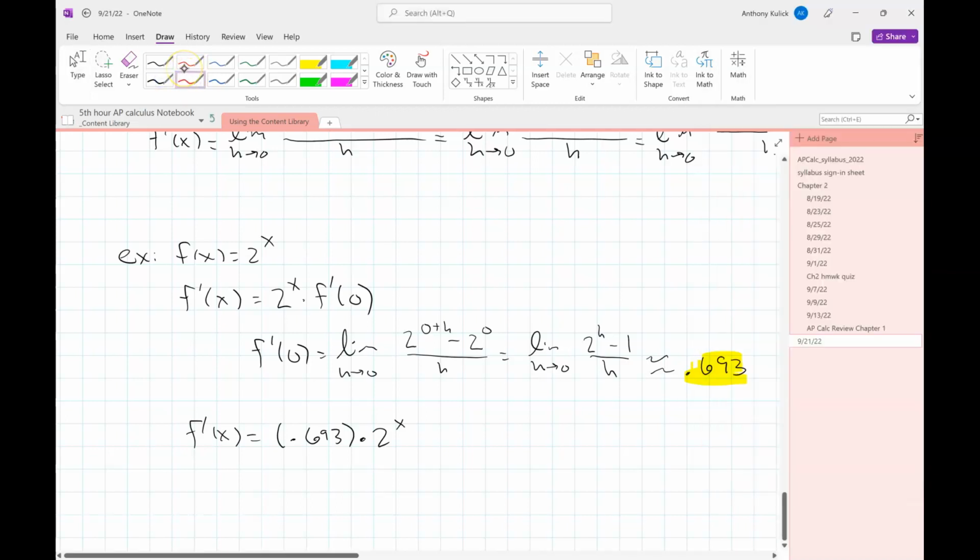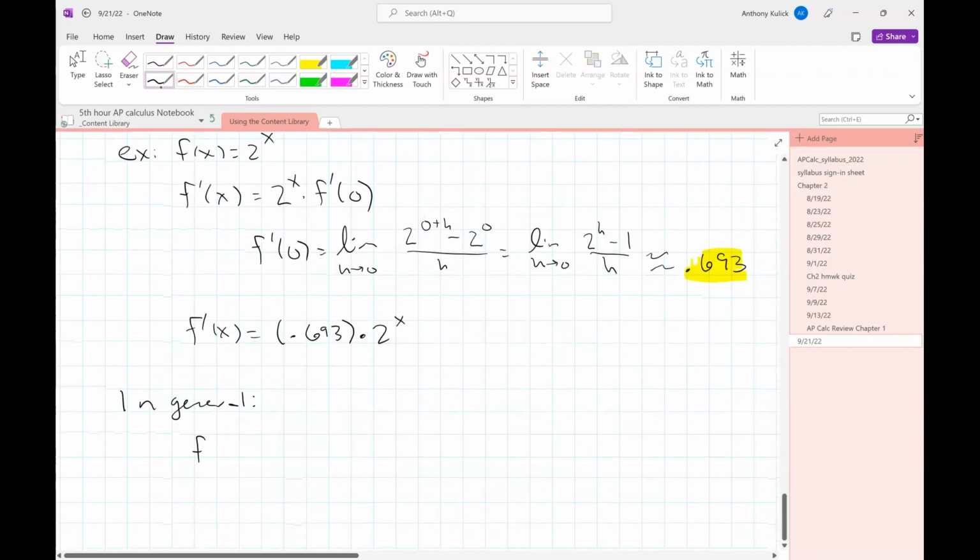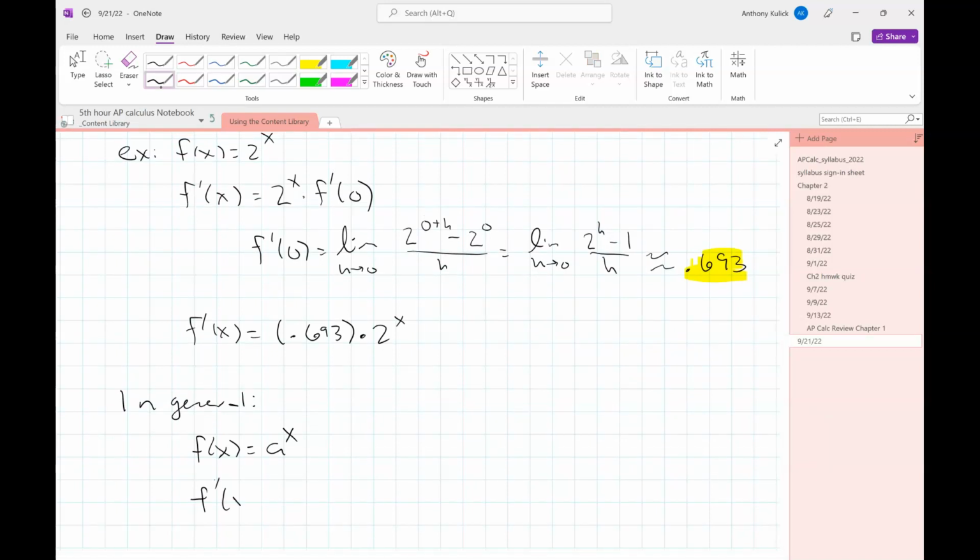So what we'll find here is that that's your derivative. We'll prove this later when we talk about the chain rule.